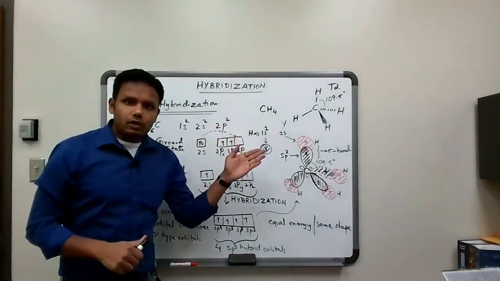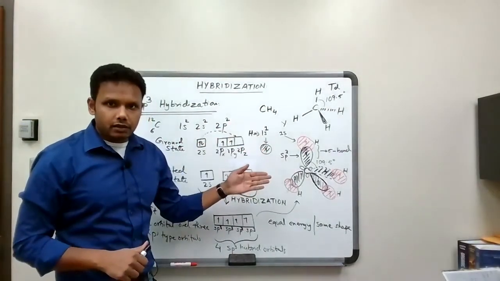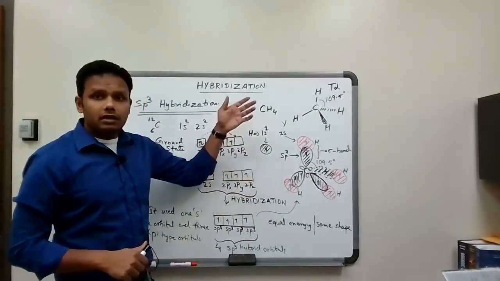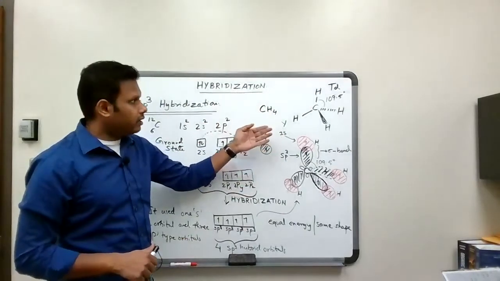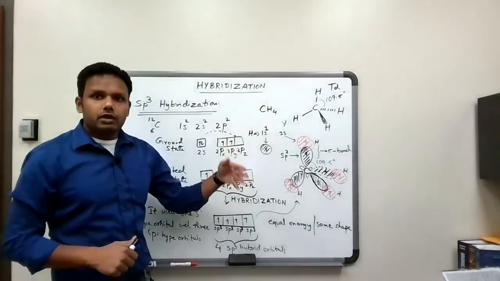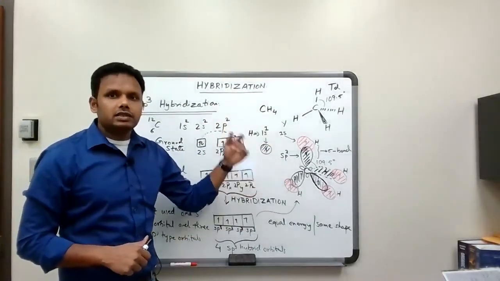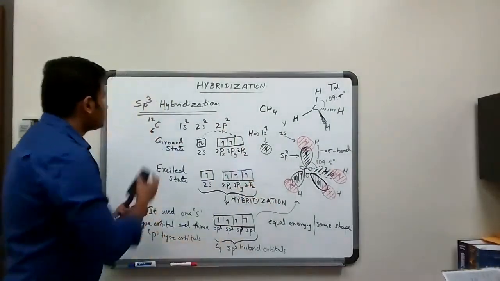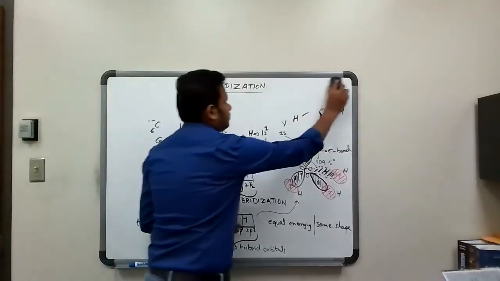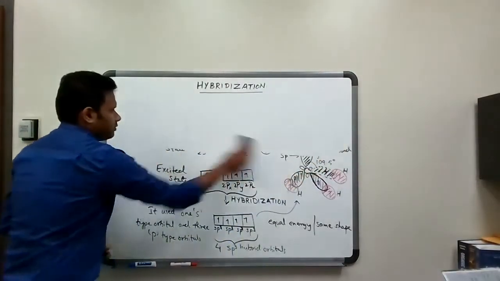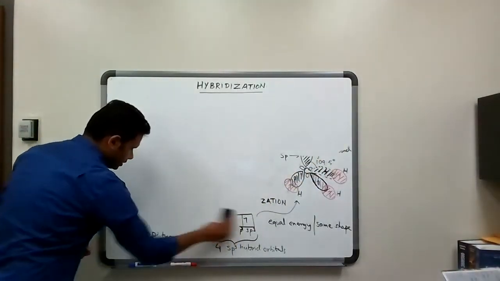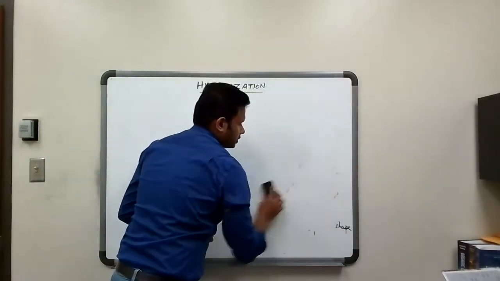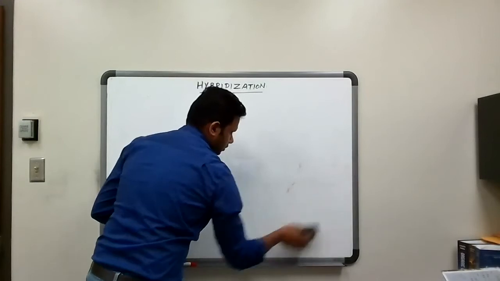But this is not limited to methane. It is applicable to any situation where carbon or another atom is sp3 hybridized. Okay, so let's look at another example. We will not develop the picture itself, but let's just look at what the hybridization is and what the bonds are.